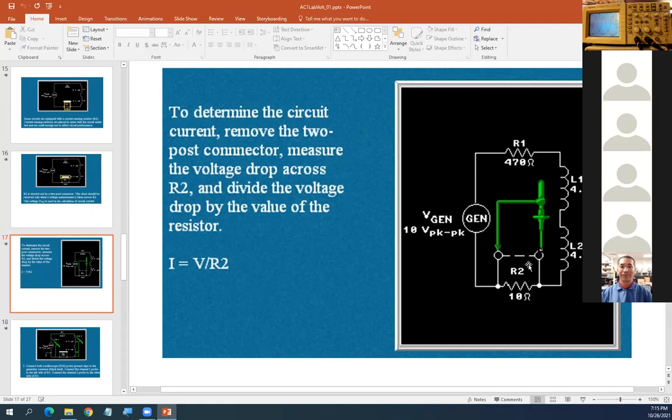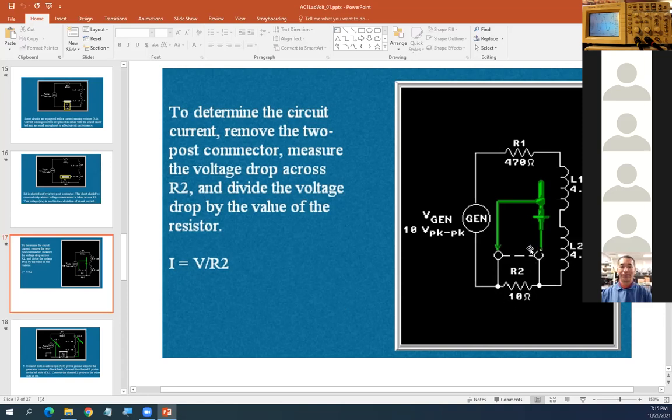So if you get the voltage across the 10 ohm, then you use the formula V divided by 10 ohm. You get the current. So basically, you understand oscilloscope cannot measure the current. They measure voltage only. So if they want to measure the current, that's why they add this 10 ohm here.